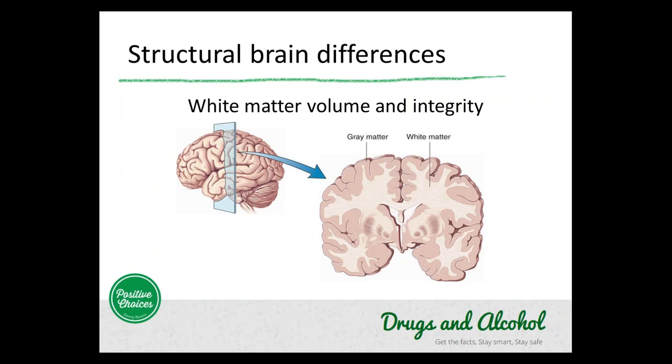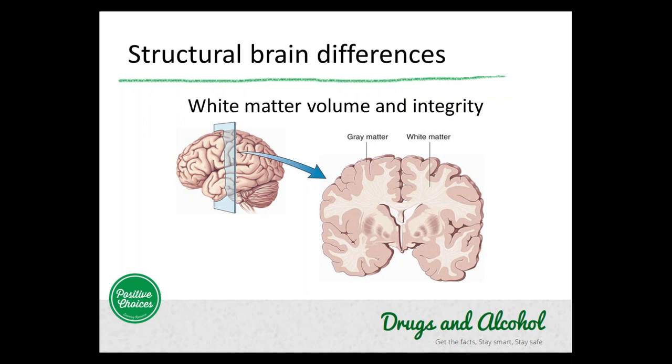And as we saw earlier, myelination is occurring en masse during adolescence. So evidence shows that heavy alcohol and cannabis use have an effect on white matter volume as well as the integrity or the quality of white matter in the adolescent brain. And often this has been interpreted as an interruption of those important myelination processes that are occurring in adolescence.